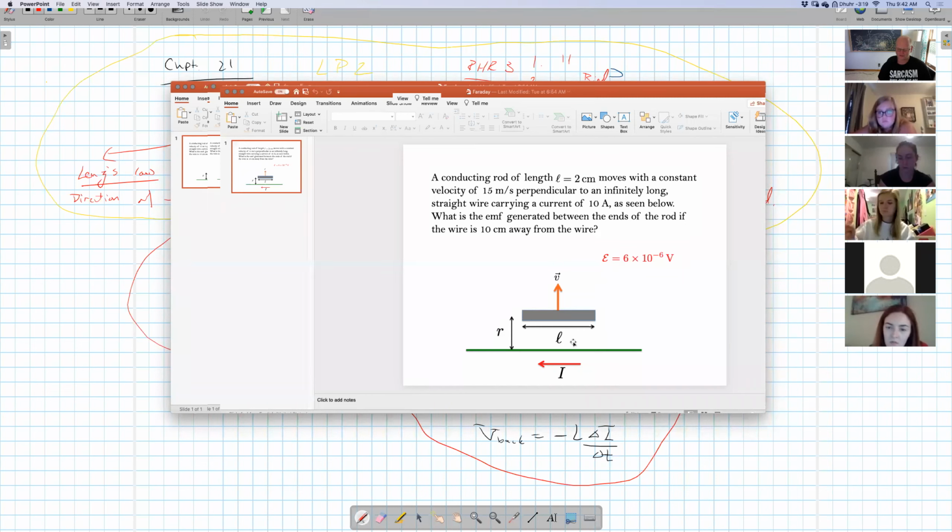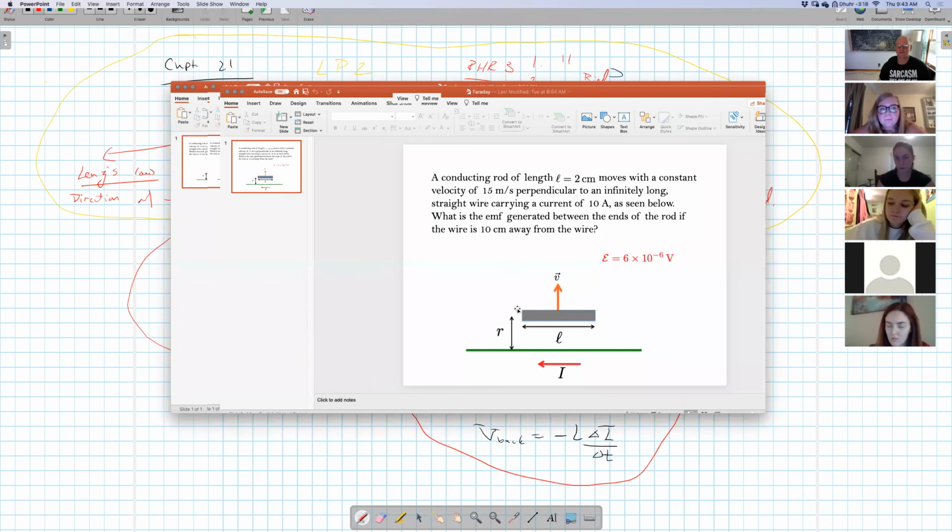Here's my wire, with current running in this direction, where that current is 10 amps. So my magnetic field is going around in this direction. This rod is moving with a velocity of 15 meters per second. I want to know what the EMF generated inside of this rod between the two ends is if the wire is 10 centimeters away. That's what little r is here.